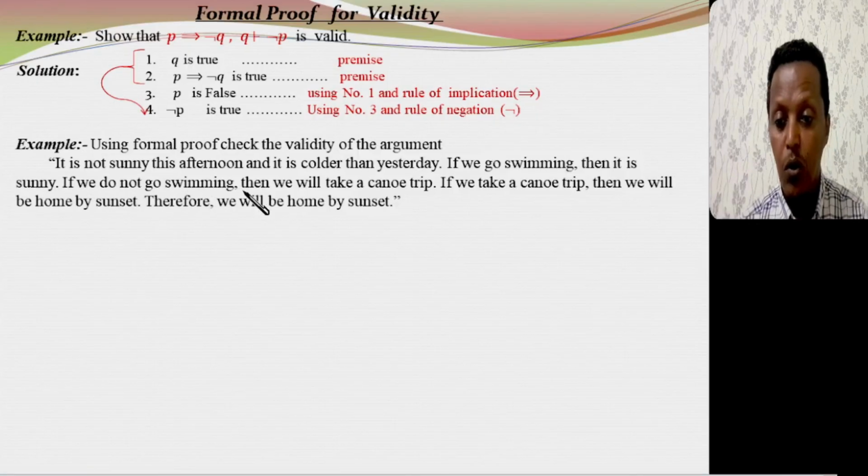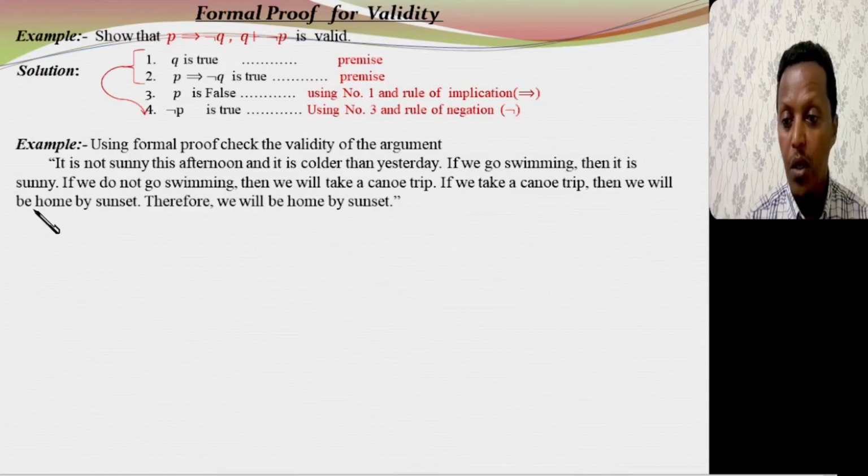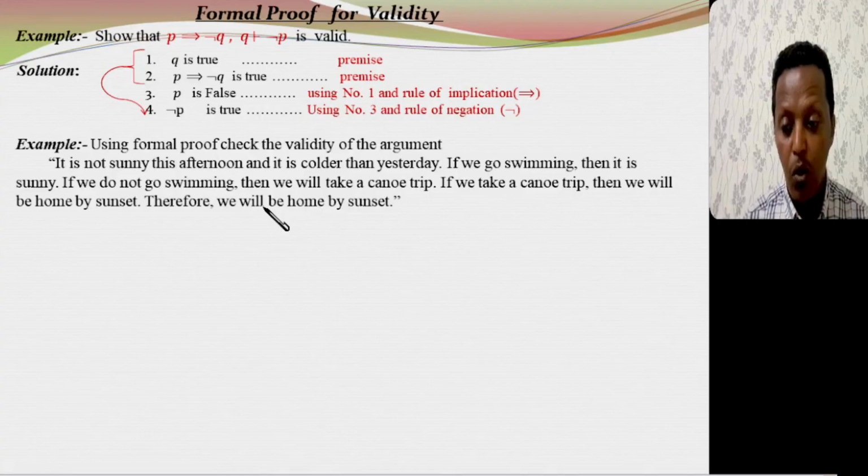If we don't go swimming, then we will take a canoe trip. Third premise. If we take a canoe trip, then we'll be home by sunset. The fourth premise. Therefore, we'll be home by sunset. That is the conclusion.